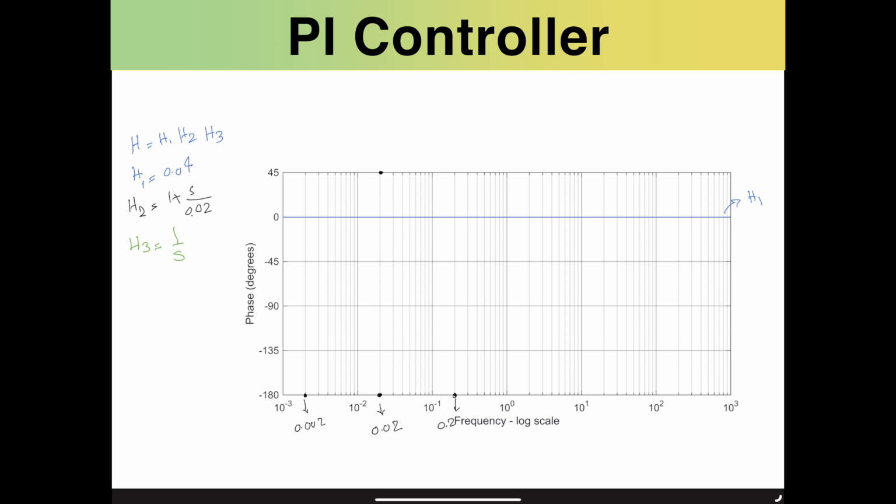It's right on the top of the curve. 1 decade before that is going to be 0. 1 decade after that, which is going to be out of the screen, it's going to be plus 90 degrees. So we would be around here to be plus 90 degrees. So if we connect them together, we would have a straight line like this. And higher frequencies are going to be again a straight line, and the lower frequencies are also going to be another straight line.